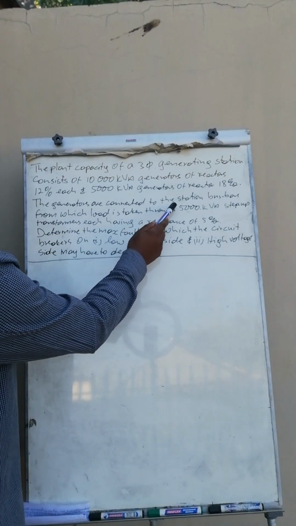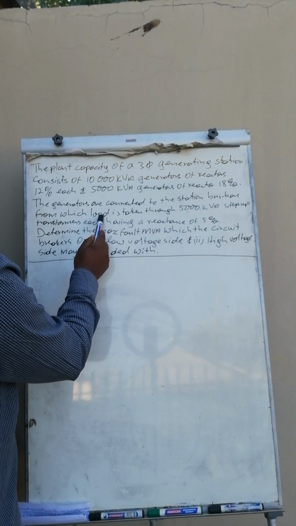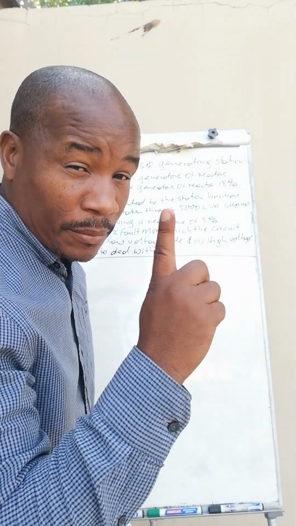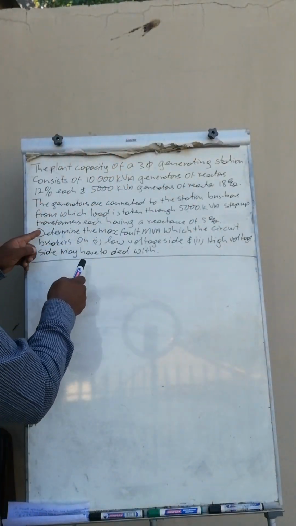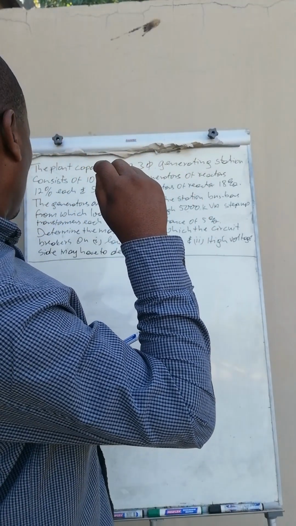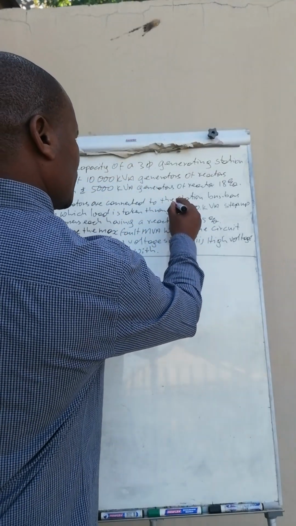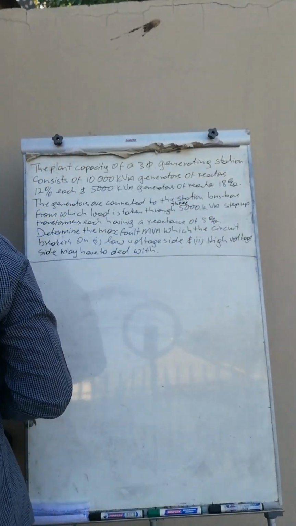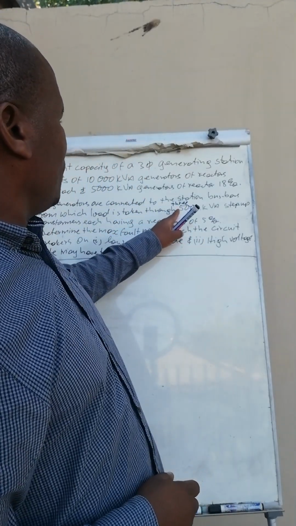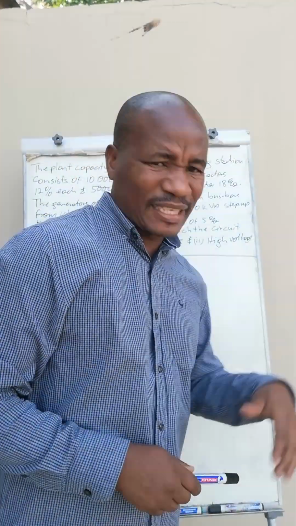The generators are connected to the station bus, from which the load is taken through 3 5,000 kVA step up transformers, each having a reactance of 5%. Yeah, it should be 3. I forgot the 3 there.